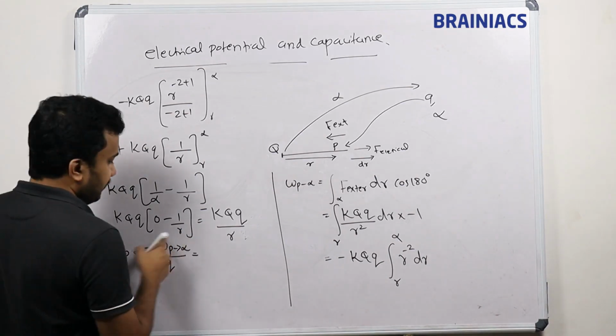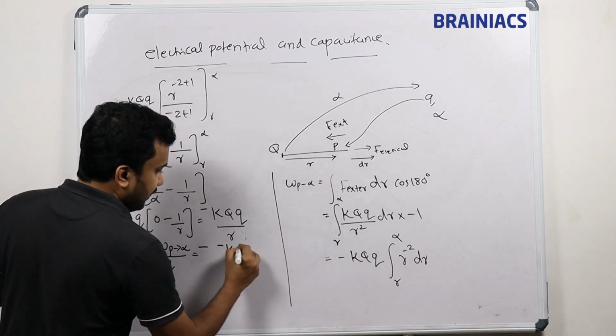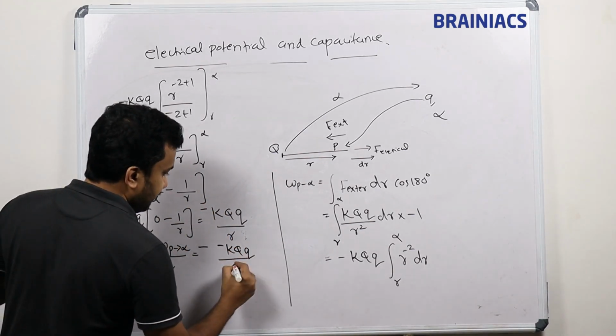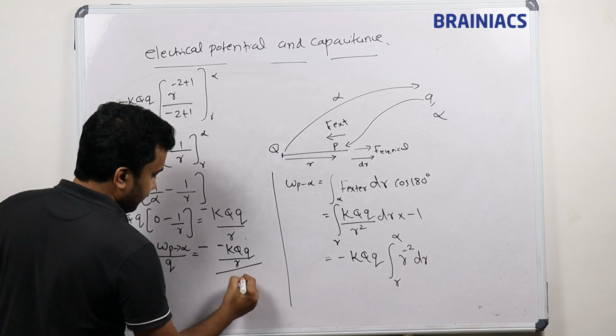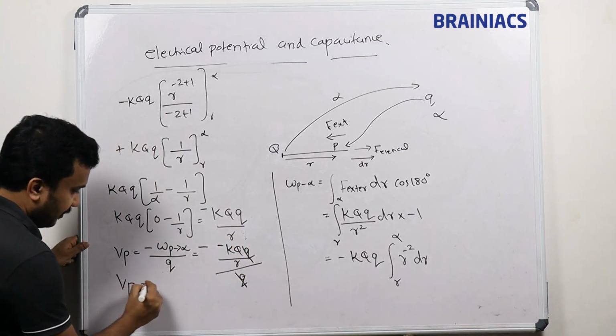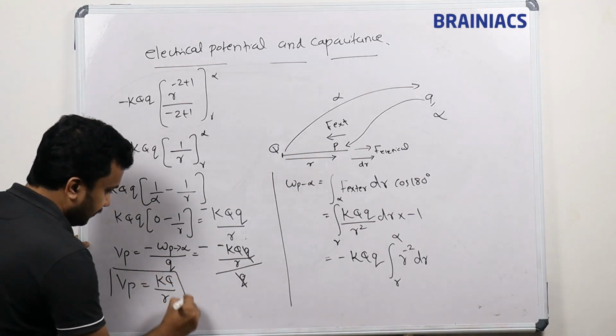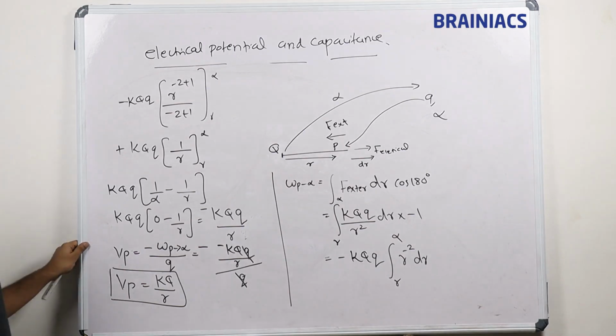I am substituting here, so this minus with this minus, K capital Q divided by R, whole divided by small q. The q will get cancelled. Potential at P will be equal to K into capital Q divided by R. This is the final equation we got.